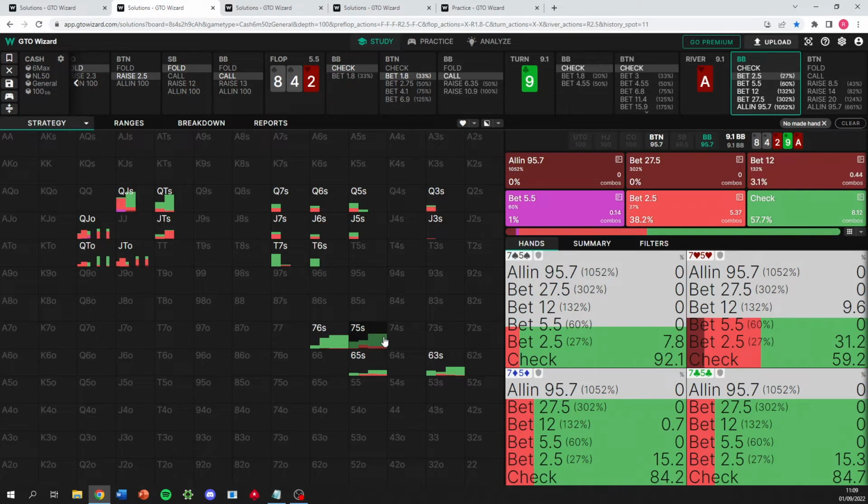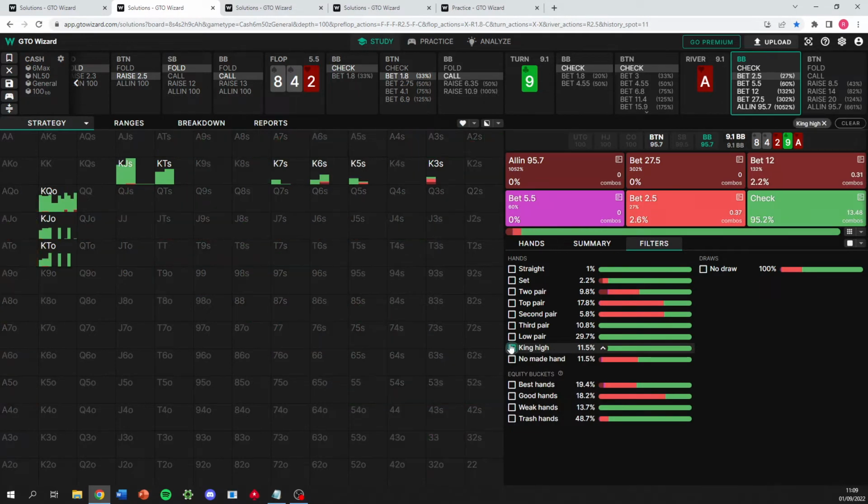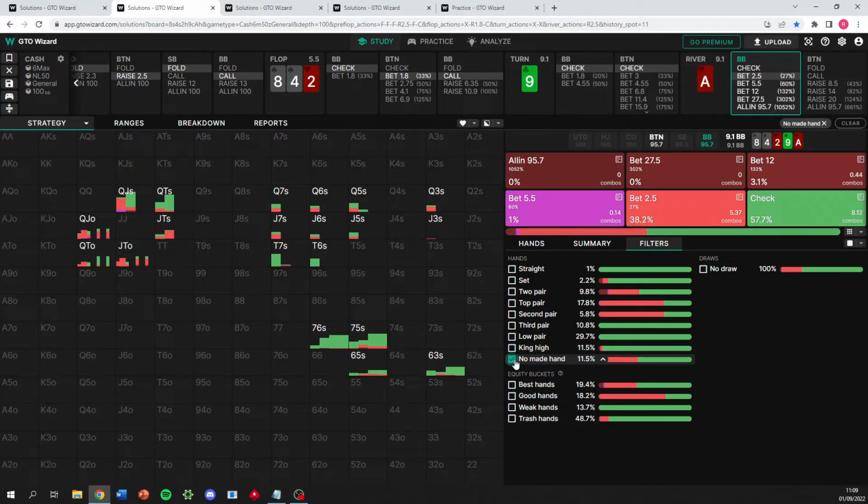If they don't raise on the flop, they will call, and they will pretty much always bluff them on the river. So this is now a decent spot to bluff catch or bluff raise, because it's easy for him to over-bluff, right? All of his king highs basically have to check that get to the river, and less than half of his non-made hands are allowed to bluff this river, because it's such a favorable river.